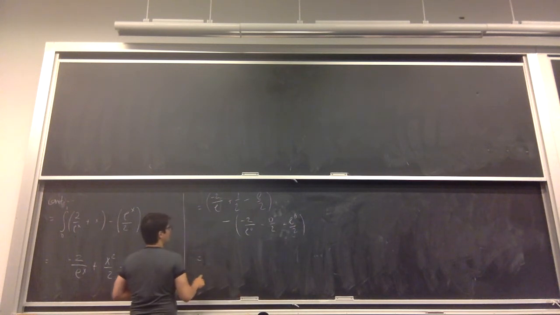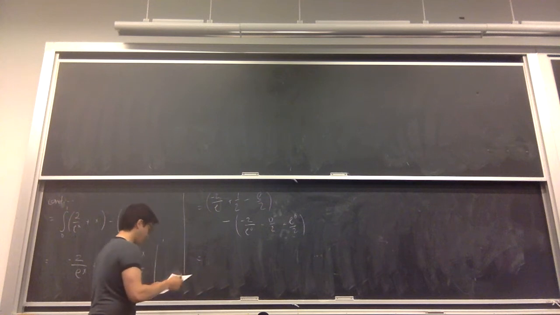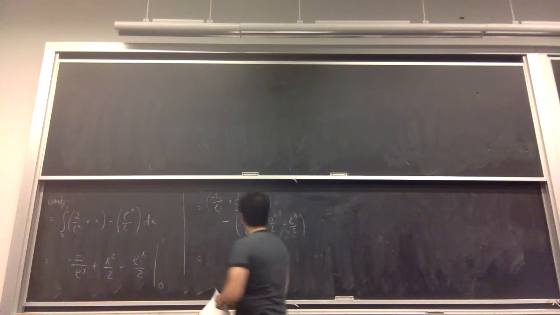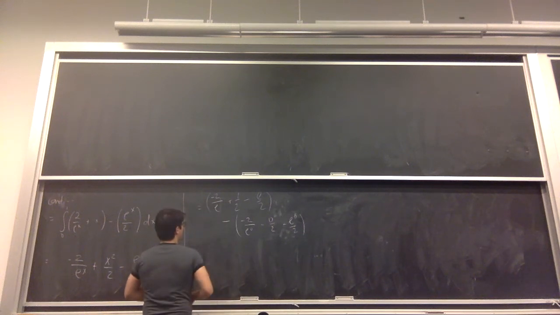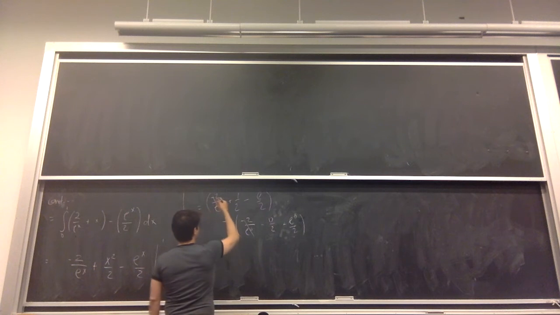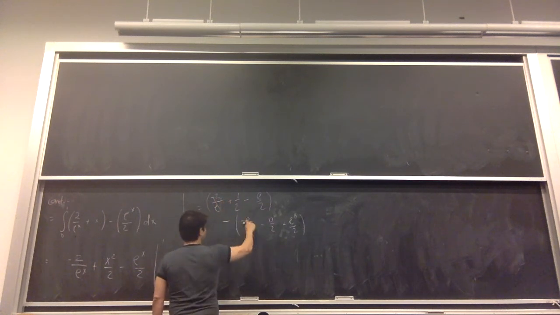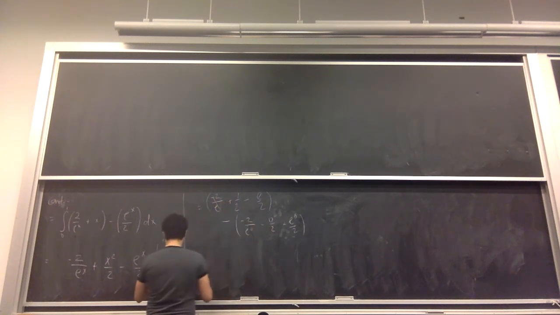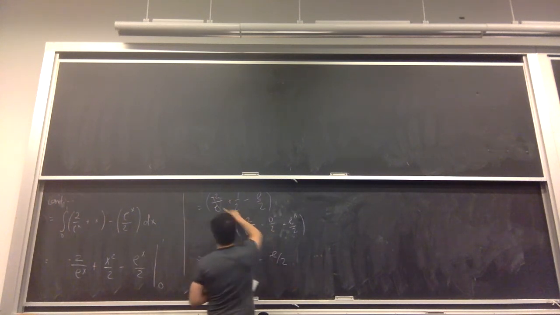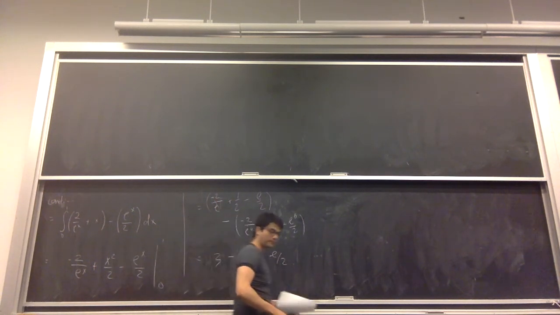What does this simplify to? e to the 0 is 1. This ends up being 3 over 2 minus 2 over e minus e over 2. There's no cancellation there.